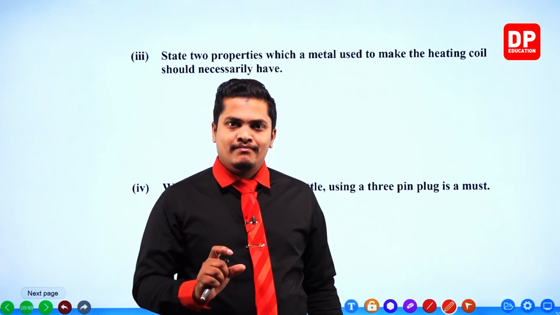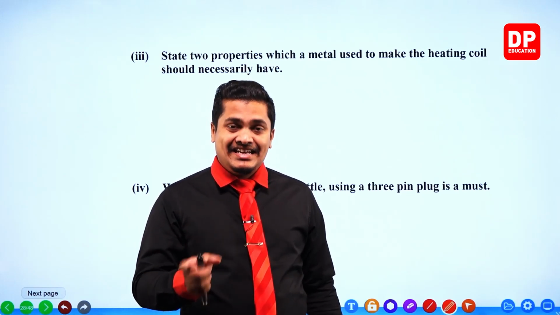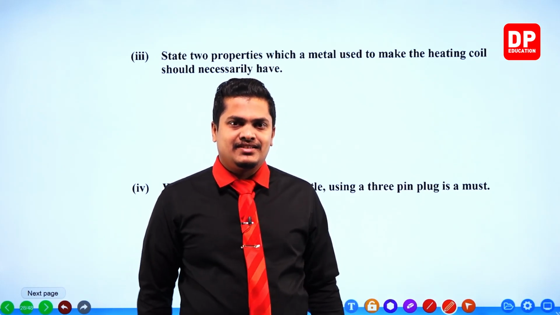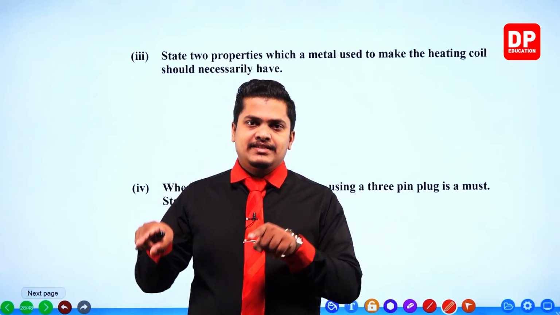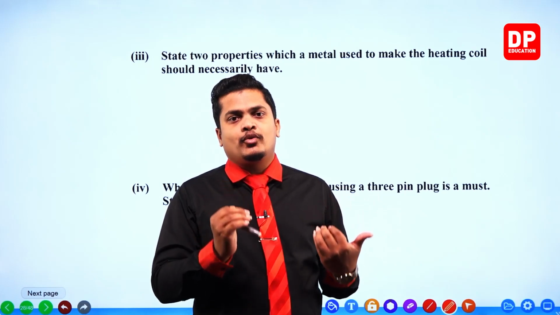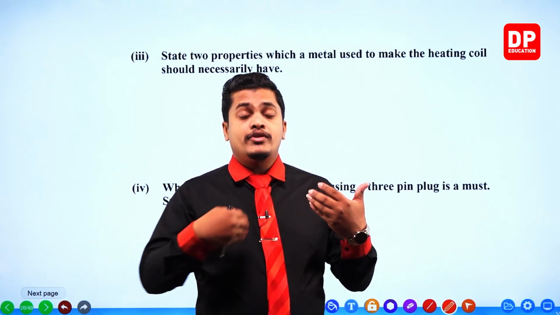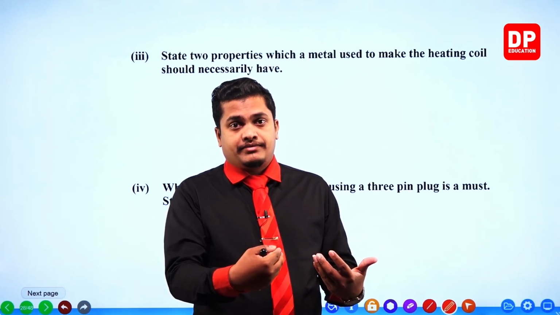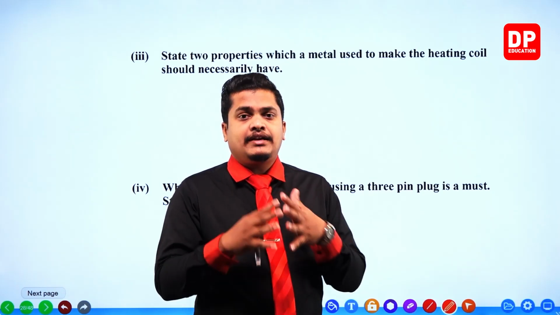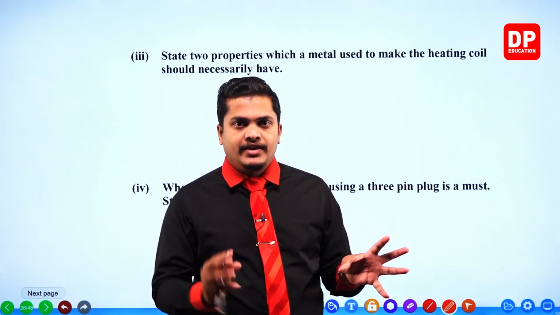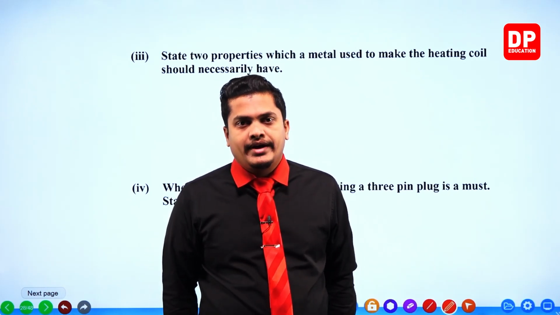In order to heat, my dear children, heat is a product created because of the resistance. If the resistance is high, then the substance is going to heat up quickly and it's going to keep on heating. The heat effect is mainly given out because of the resistance. If the resistance is high, the heat effect given out is also high.